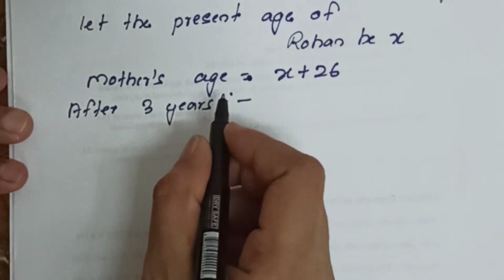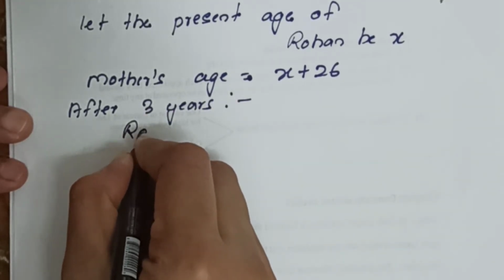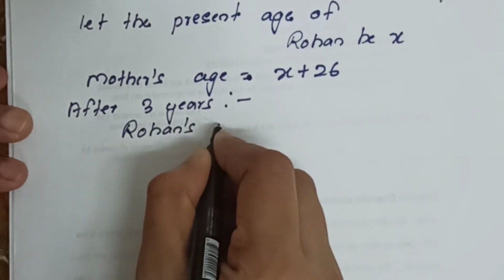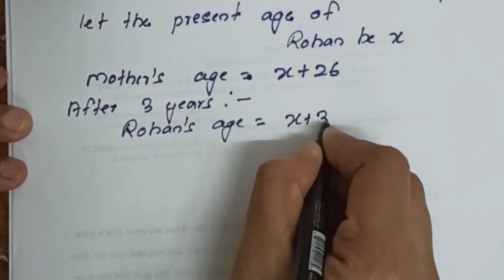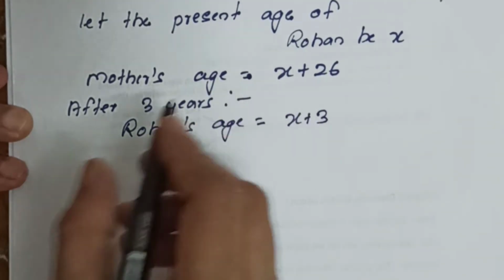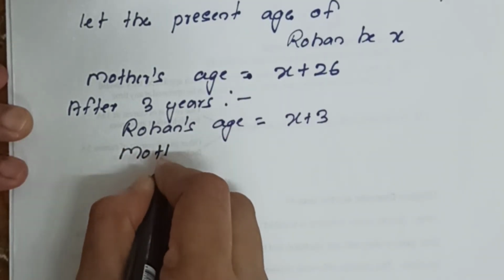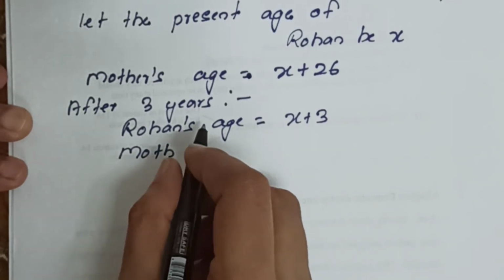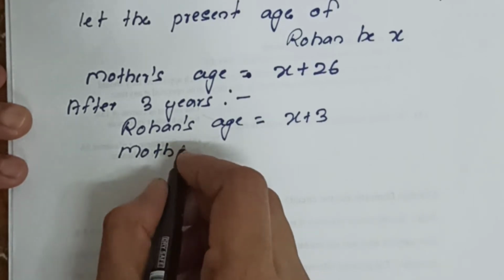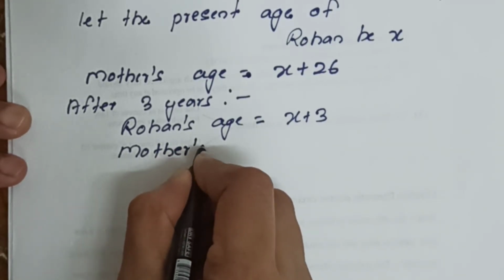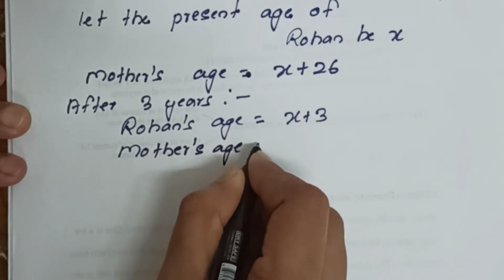So first let us see, after 3 years, what will be Rohan's age? Rohan's age is equal to x plus 3. Now Rohan's age is x plus 3 after 3 years. Okay. Mother's present age is x plus 26.